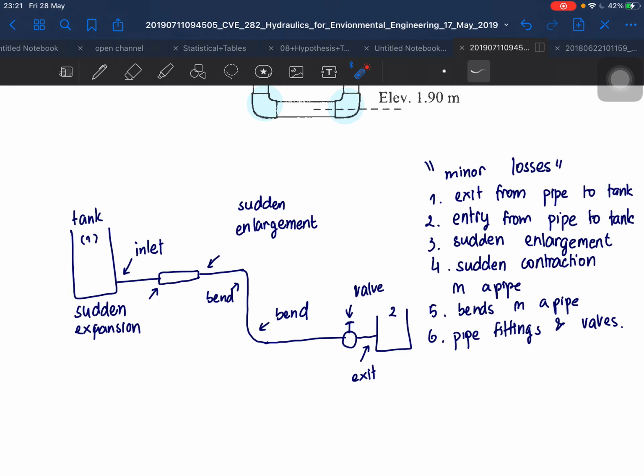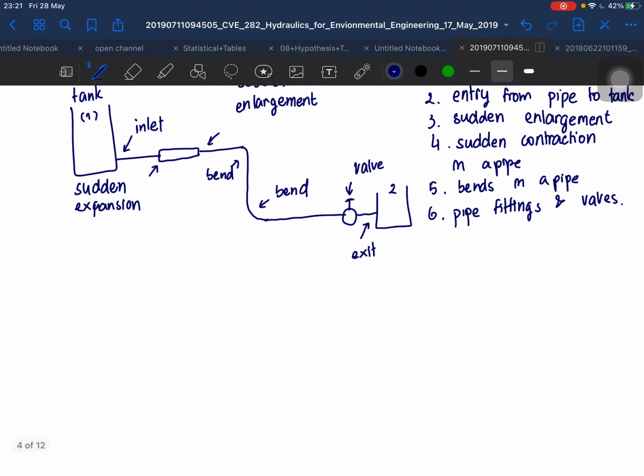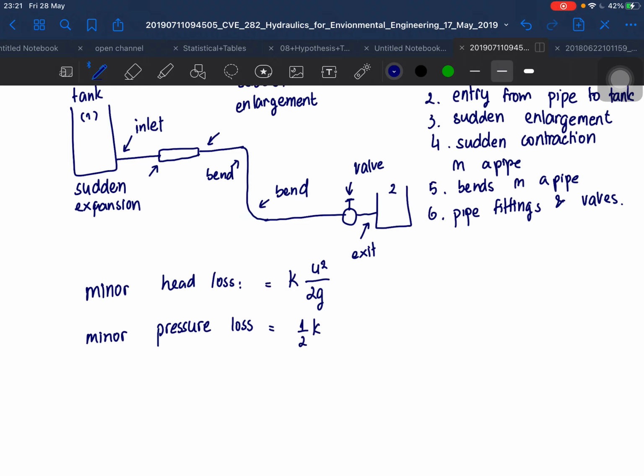There are two formulas to consider. For the minor head loss, we have this formula: K u squared over 2g. And for the minor pressure loss, it equals 1 over 2 K density u squared, where u is the velocity.